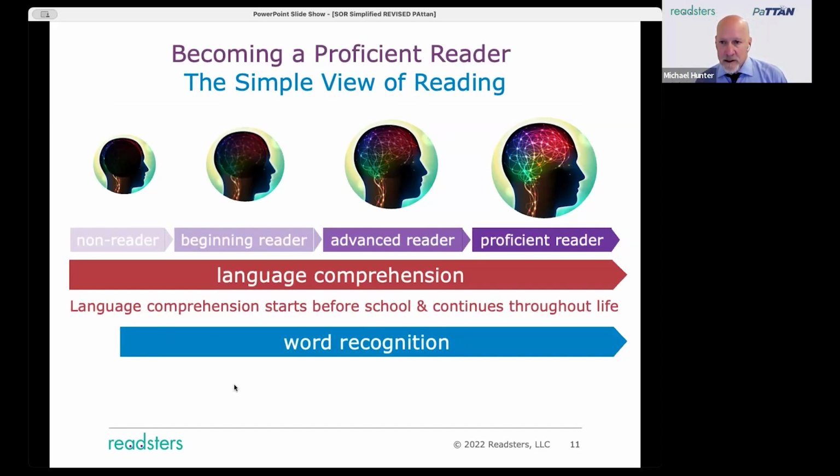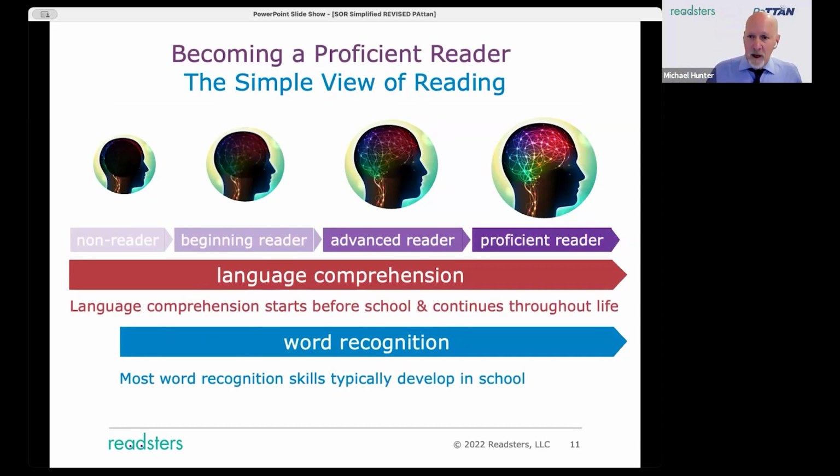Word recognition typically doesn't start until students enter school. In some cases, it starts before, depending on how much preschool and how much parents read to children. But typically, we think of it in terms of instruction starting in either pre-K or kinder, and then developing, we hope, throughout life, because if you're a good reader and you continue to read, you are continually improving your word knowledge, your world knowledge, and your comprehension.